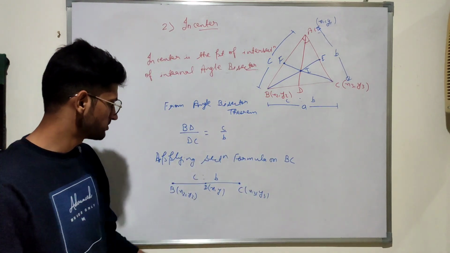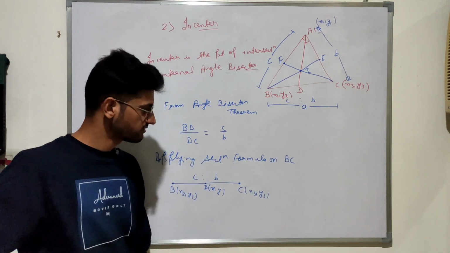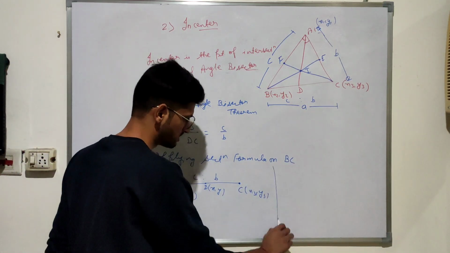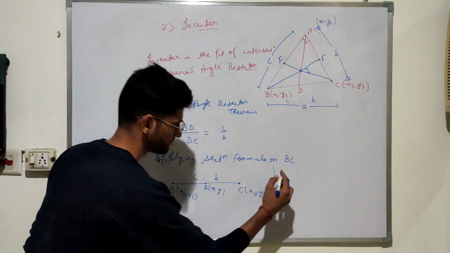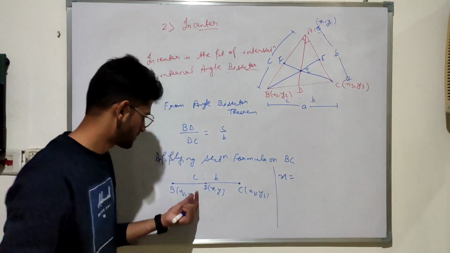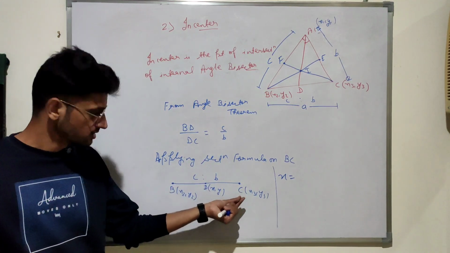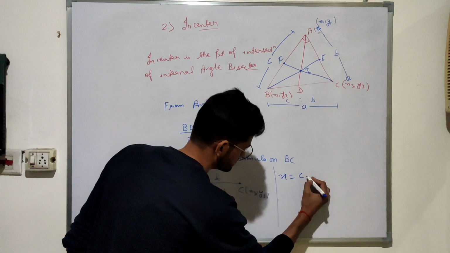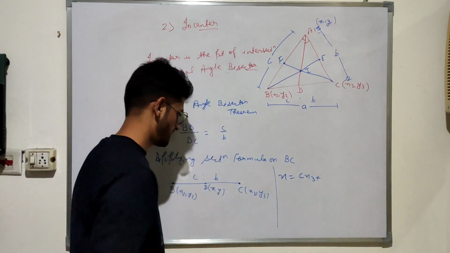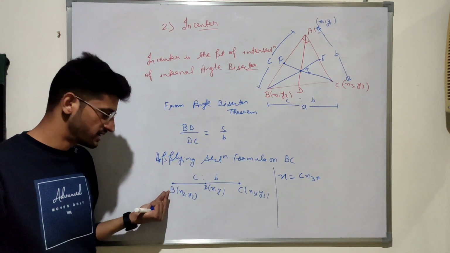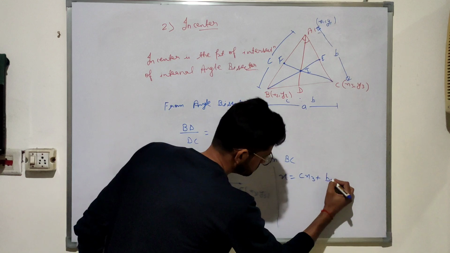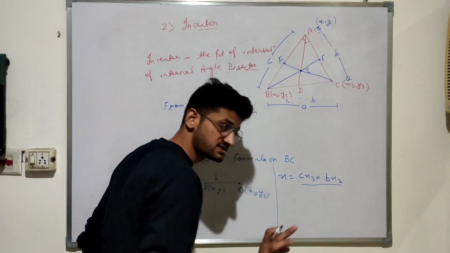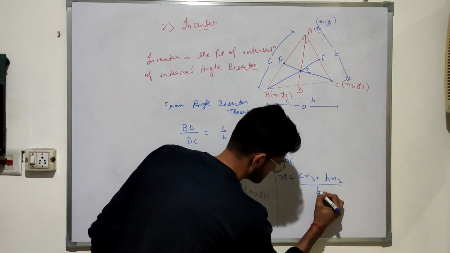Now we will apply the section formula, and we are very much aware of how to apply it. The x coordinate is x equals c multiplied by the x coordinate of point C, that is x3, plus b multiplied by the x coordinate of point B, that is b into x2, divided by m plus n, that is b plus c in this case.